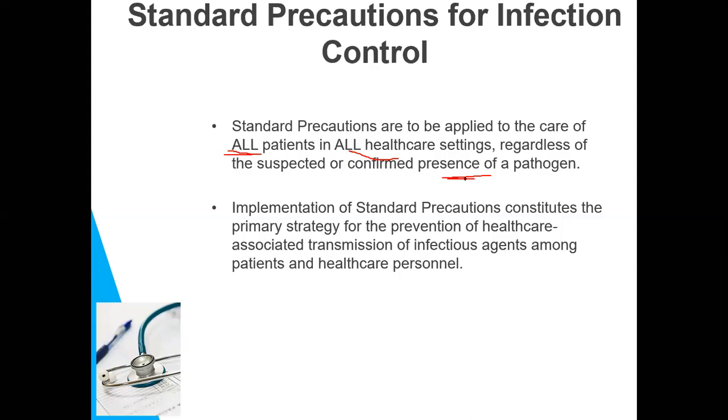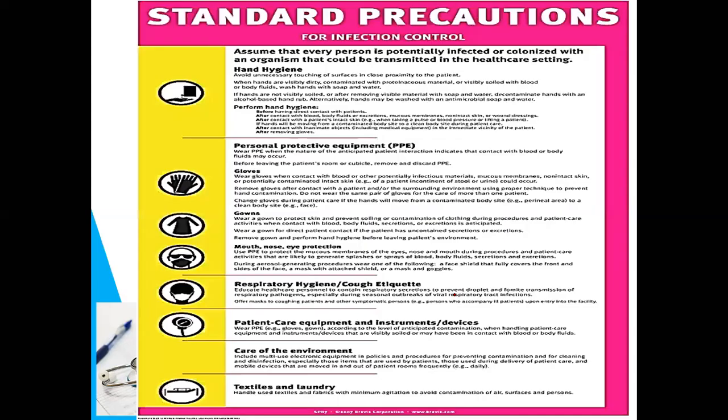Here we apply something called standard precautions. Standard precautions for infection control constitute the primary strategy for the prevention of healthcare-associated transmission of infectious agents among patients and healthcare personnel and even visitors, any person within the hospitals.